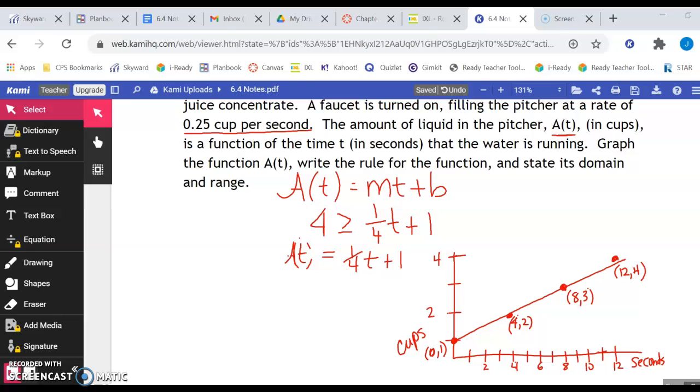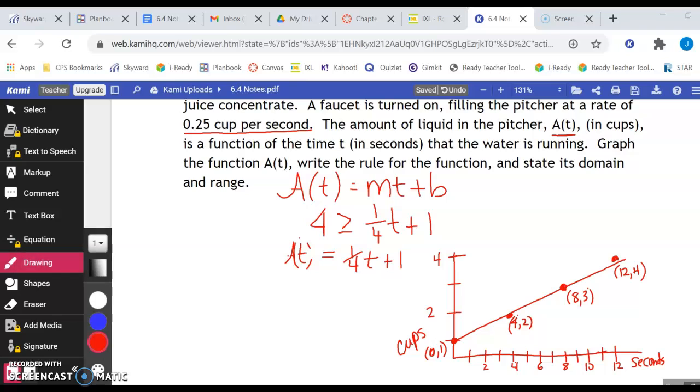So write the rule of the function, which we already did, and state its domain and range. So the domain are all positive numbers because we could let the tap run for 2.5 seconds. It doesn't have to be a whole number. It doesn't have to be just those 4 dots. It can be anything in that line. But do notice it starts at 0 and it only goes to 12 seconds.